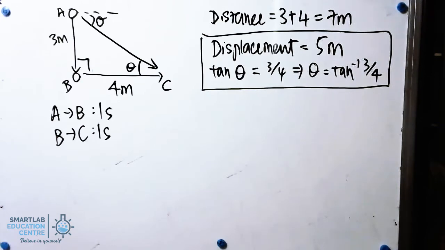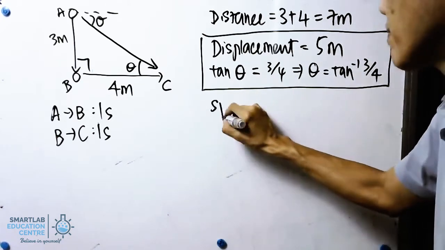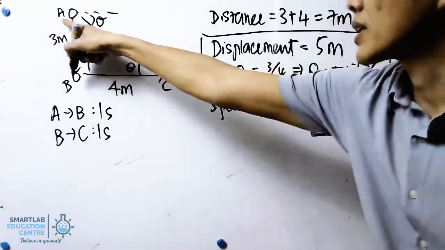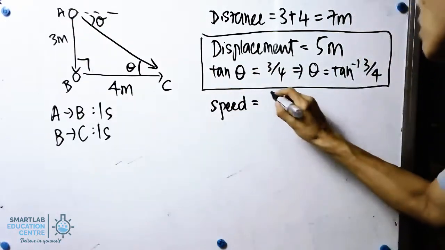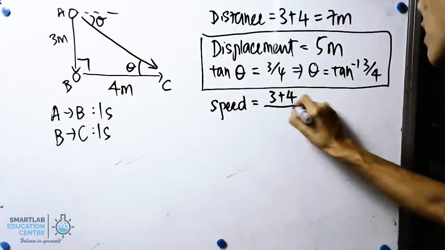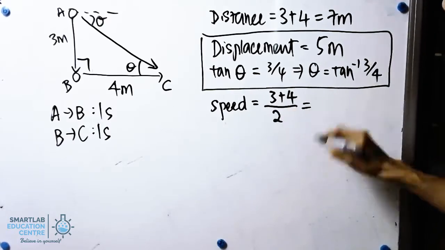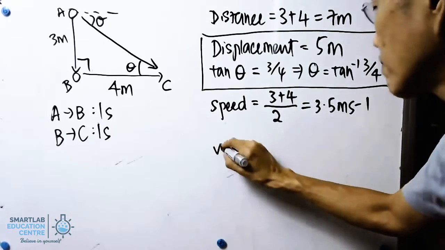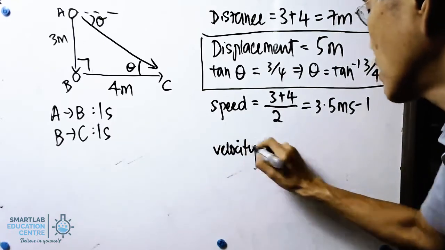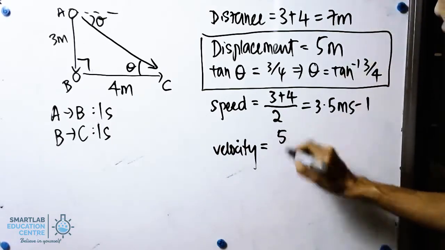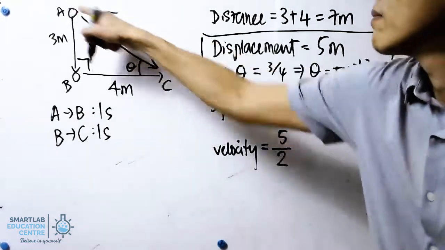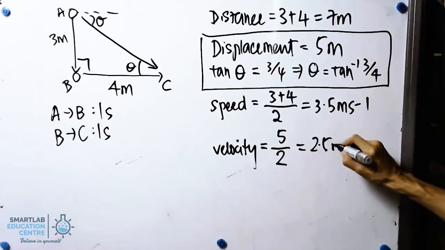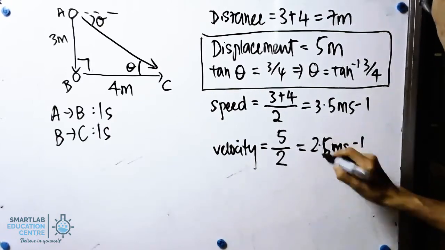All right. Next, we'll look at the speed. As far as the speed calculation is concerned, again, it will be 3 plus 4, which is the distance traveled, divided by 2 seconds, and that will give us 3.5 meters per second. In the same way, like displacement, velocity will be just looking at 5 meters, which is the magnitude, and that will be 2.5 meters per second.